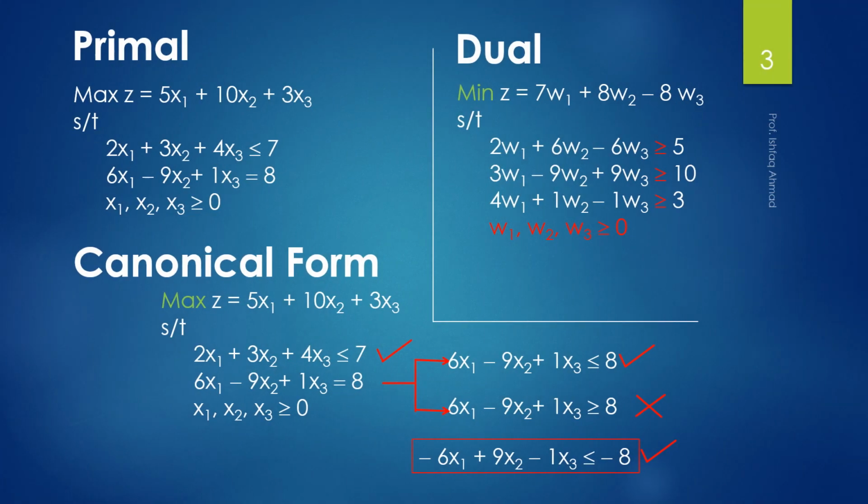Let's discuss a more general form in linear programming problems while converting primal into dual. So I have taken a primal of maximization. It contains two constraints. One is of less than or equal to, and the second one is an equality constraint, and all the variables are non-negative.